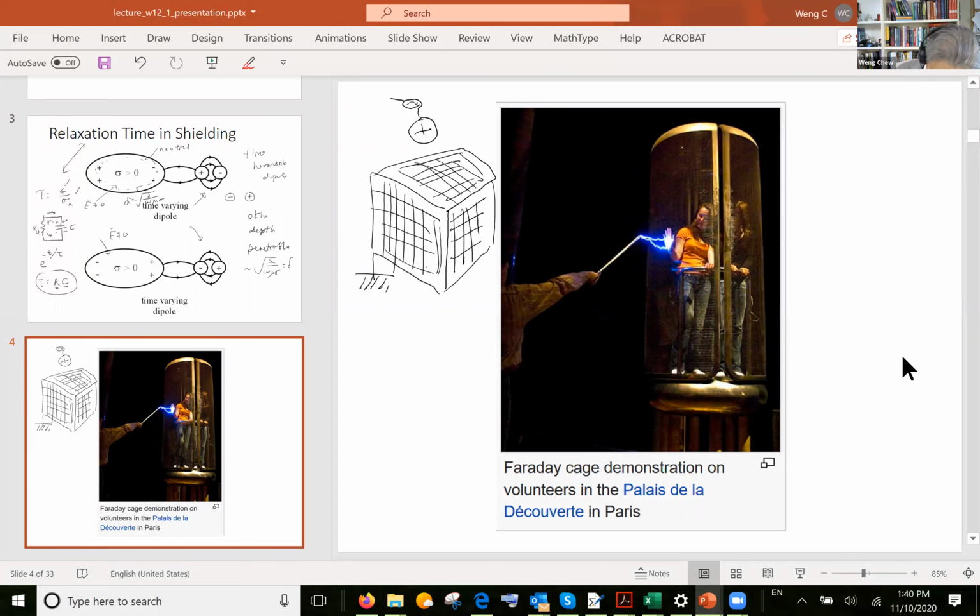There's a lot of positive charge, like a Van de Graaff generator.